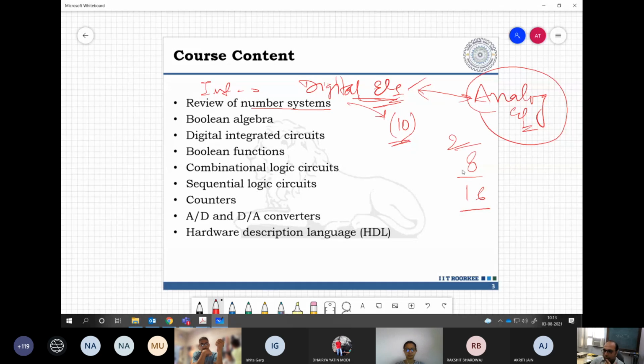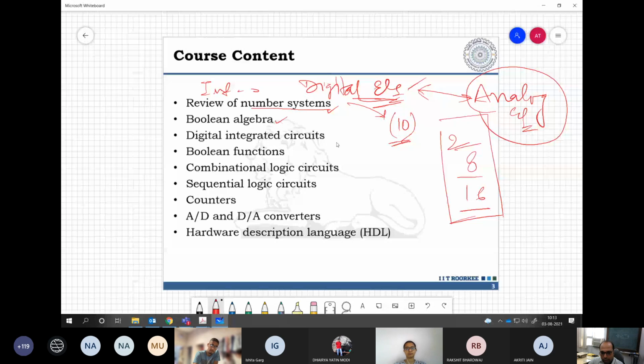Why these are necessary, why these are required, and what we do in this. So we will try to have this kind of basic understanding. Sometimes I think in CBSE or some other board, they also take these things in the class 12th curriculum. So some of you must have gone through that. That is also all right.